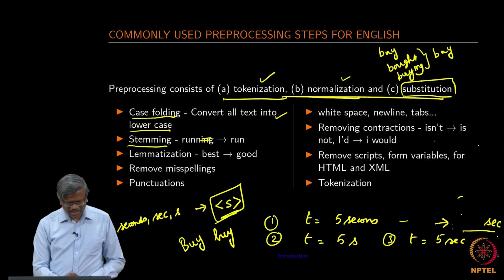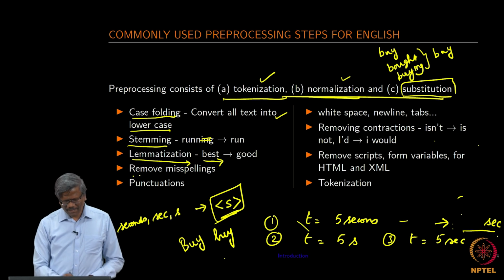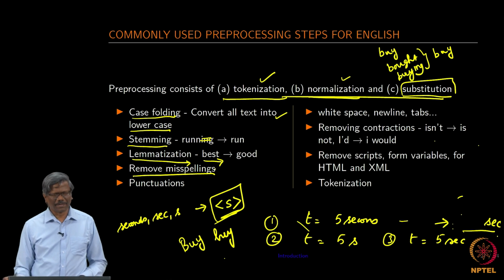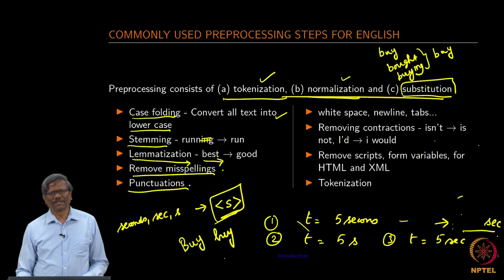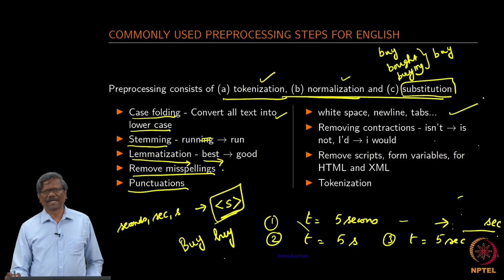Okay. And then lemmatization is a process which converts best into good. Okay. And then misspellings, if there are any wrong spellings available as part of the corpus, you replace them. Take out all the punctuations and then remove unnecessary white spaces, tabs, new lines, etc.